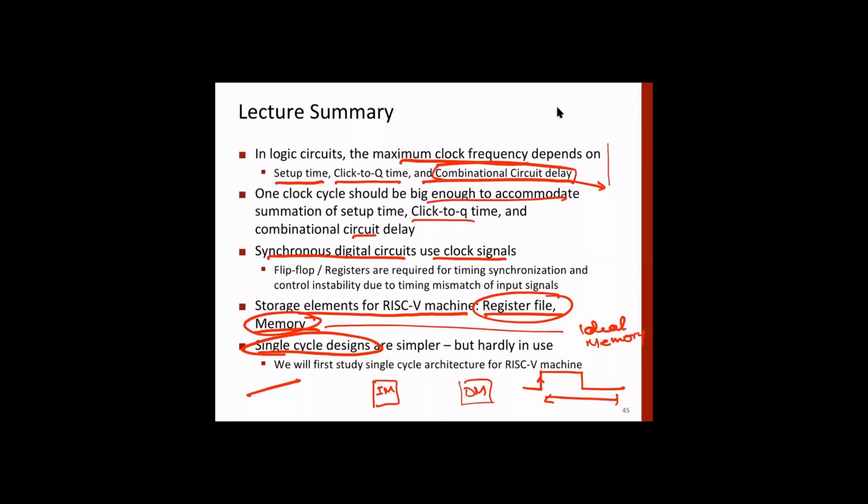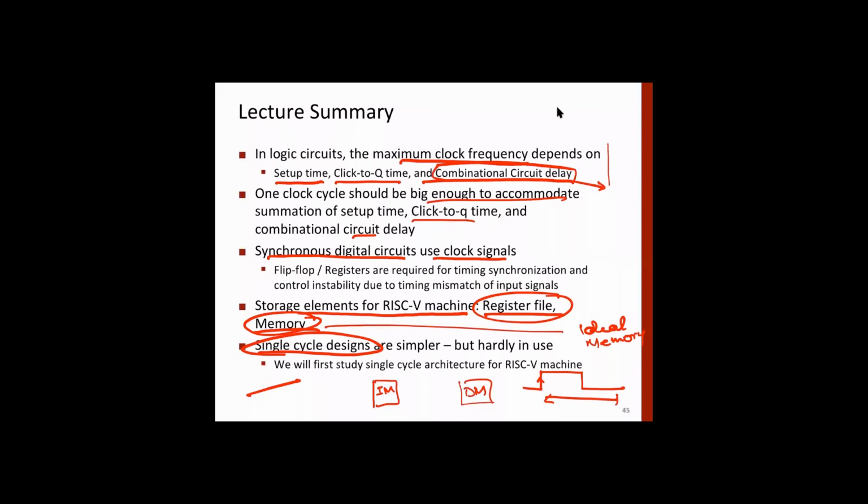No, see, don't get confused between two delays. Clock to queue is basically in the registers that are in between. These are non-architectural registers to buffer the values, and we have seen the use of these buffers or registers to give some kind of control to the flow of information.